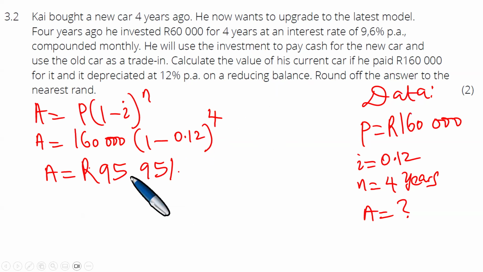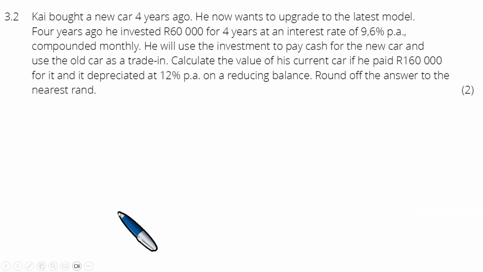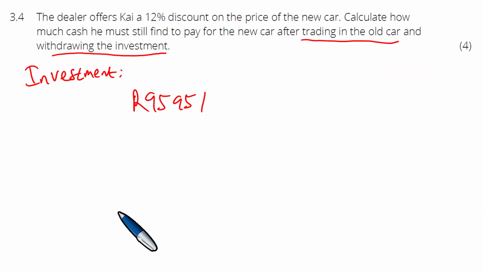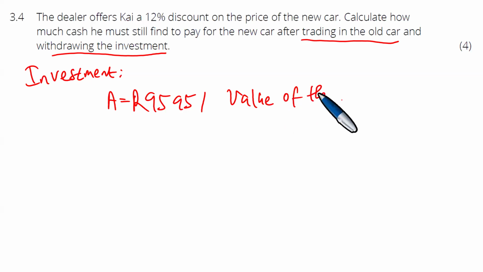So the current car is gonna undergo depreciation in value on the reducing balance method, and therefore the 95,951 is the value of the current car. Yeah, so this one is value of the current car.